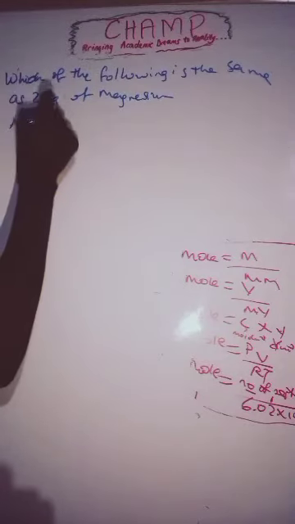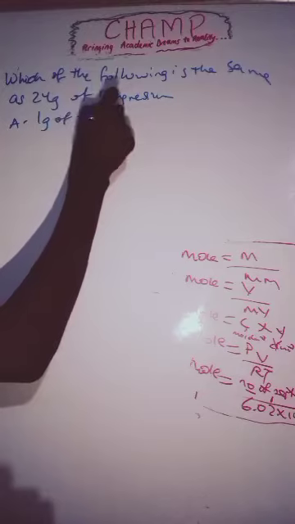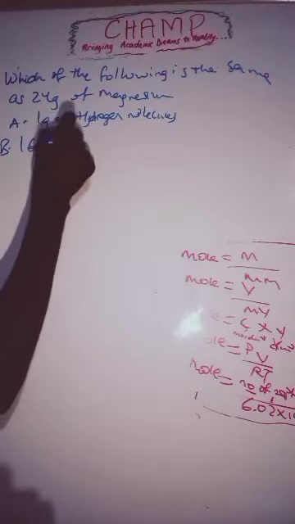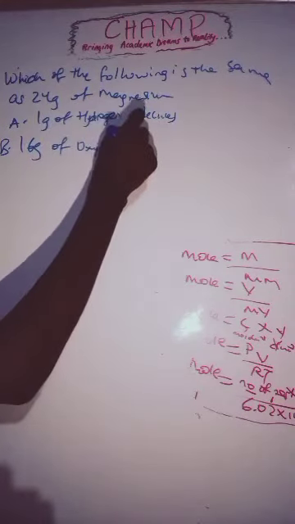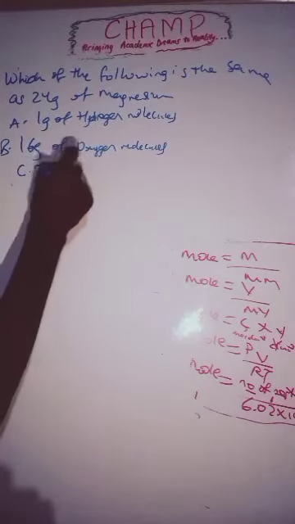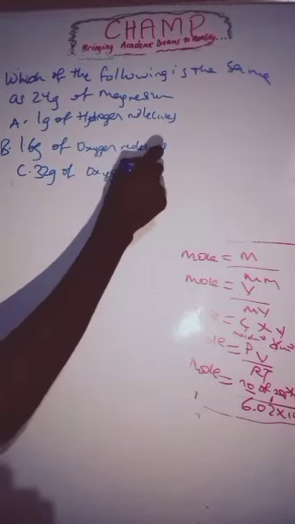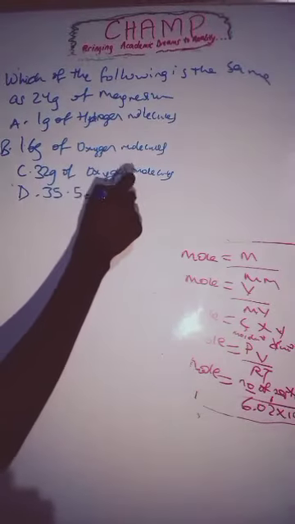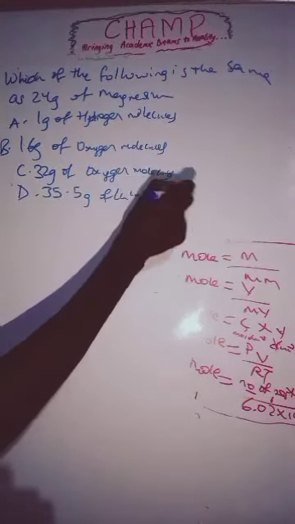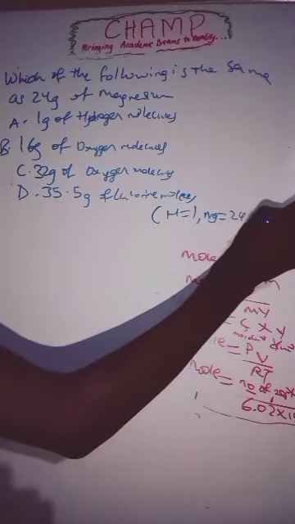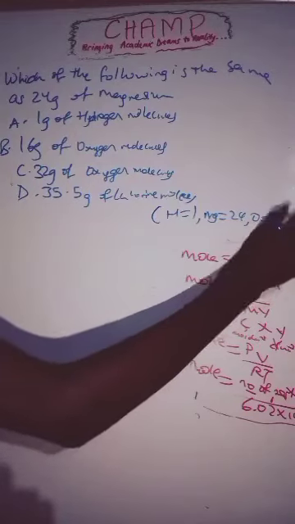You have 1 gram of hydrogen molecules, 16 gram of oxygen molecules, 32 gram of oxygen molecules, and 35.5 grams of chlorine molecules. Then we are given the molar mass. H is 1, Mg is 24, O is 16, Cl is 35.5.